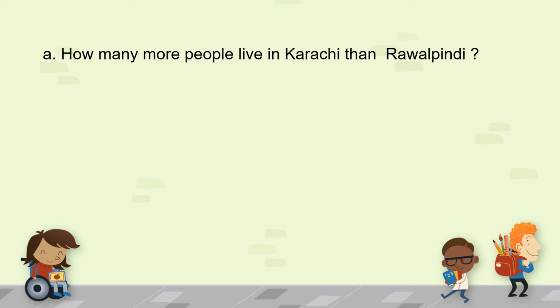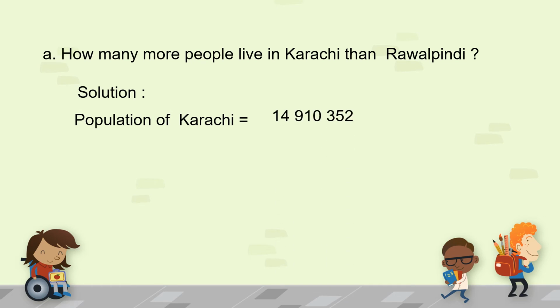We will first write the population of Karachi here. Then we will write the population of Rawalpindi. So you can see that this is the population of Karachi and this one is the population of Rawalpindi. And we can see that Karachi has more number of people.